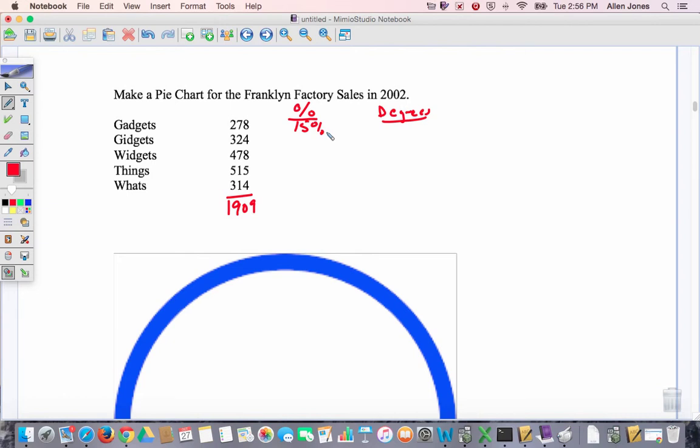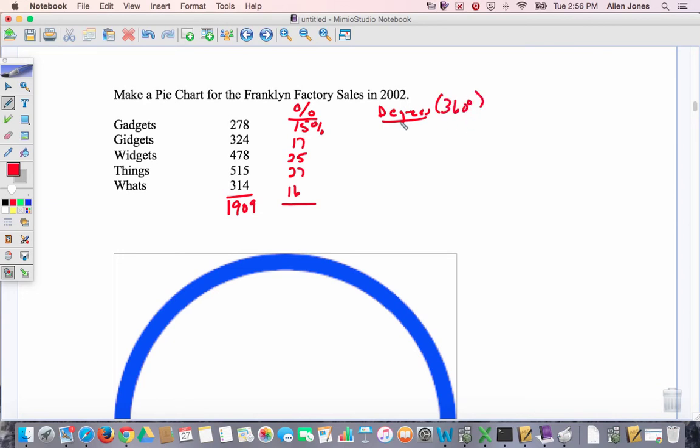And I get about 15% here. 324 divided by 1909 is about 17%. 478 divided by 1909 is about 25%. 515 divided by 1909 is about 27%, which means 314 is about 16%. Now we could have a rounding error here, but I hope we all agree that our percent should add up to be pretty much at 100.